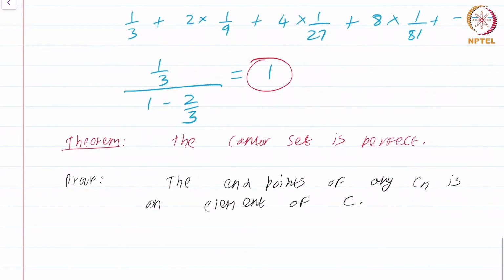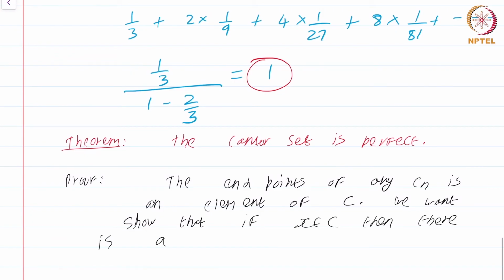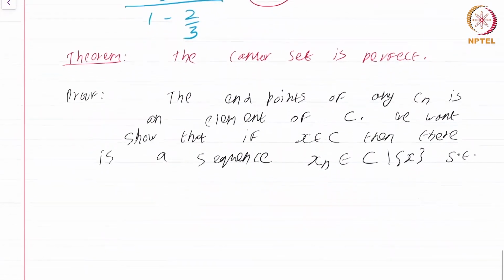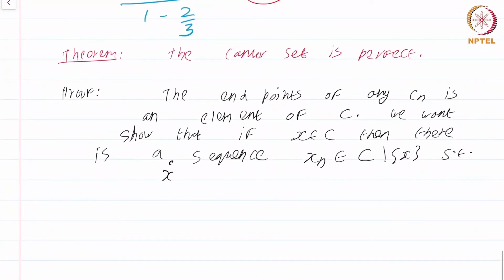We want to show that if x is in C, then there is a sequence xn in C minus {x} such that xn converges to x. Please recall that this is enough to show that x is a limit point.